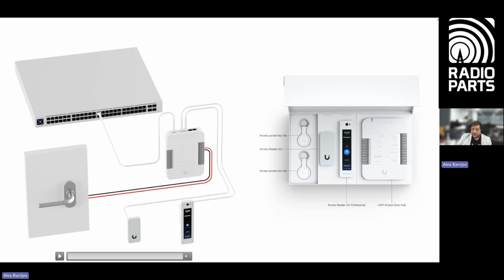Most people will find that perfectly fine as a complete door control solution because it's an entry reader, exit reader, hub, key fobs, and then all the other access methods you would prefer are still possible: PIN code, NFC, etc. So if you guys want to get an NFC version of this, in other words, for your own internal use, you can reach out as well, and we can look at special discounts and discounted prices for that. But basically, these are meant to be a full system that you buy out of the box.